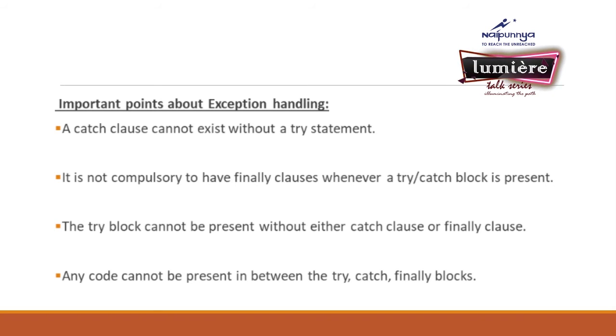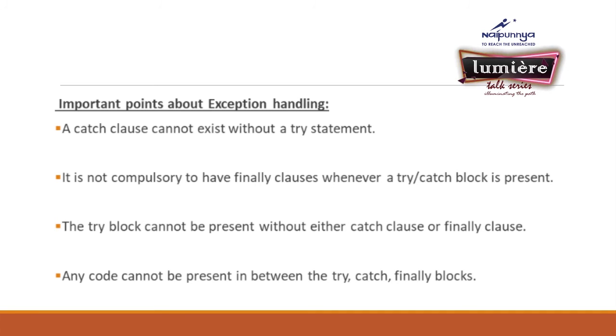Now, as I said before, as a result of an exception, the normal execution of a program will be disrupted and altered. So we need to handle an exception in a proper manner in order to run the program successfully.